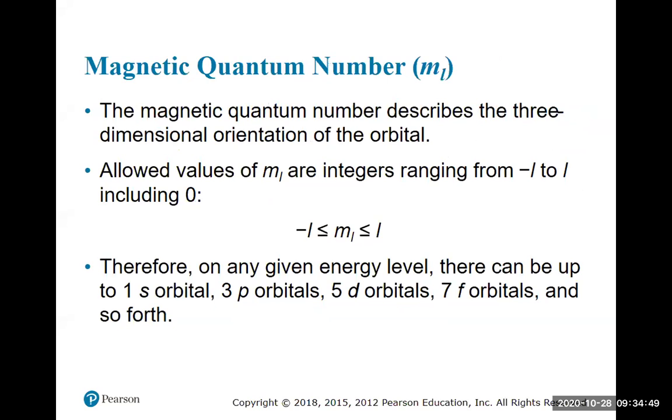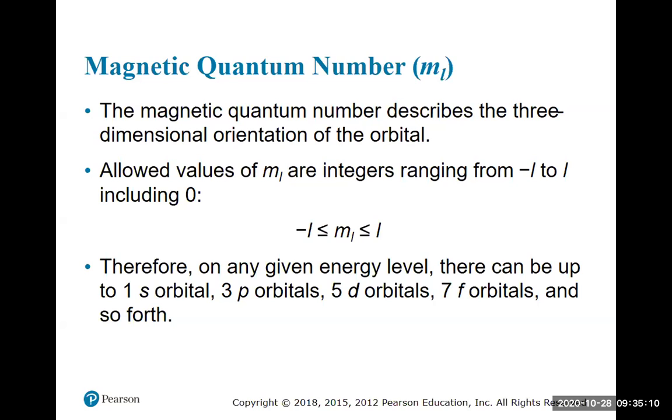But it's not a two-dimensional situation. It's a three-dimensional situation. What the magnetic quantum number does, if you recall we had that x, y, and z coordinate system, is tell us how things are going in the 3 dimensions. So it gives us that third dimension.